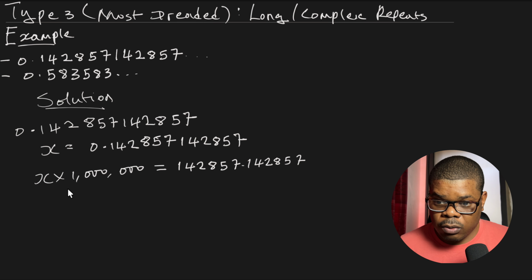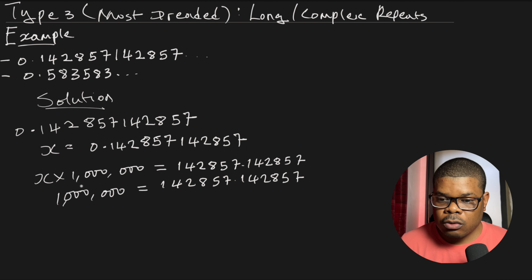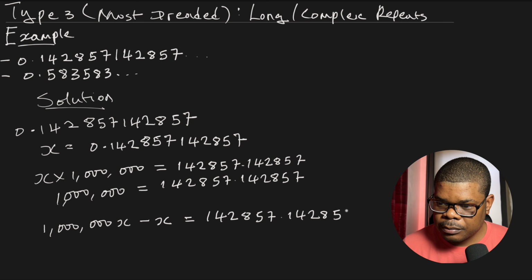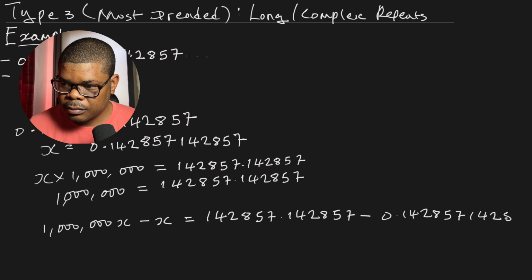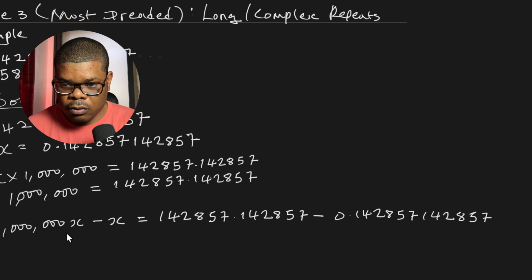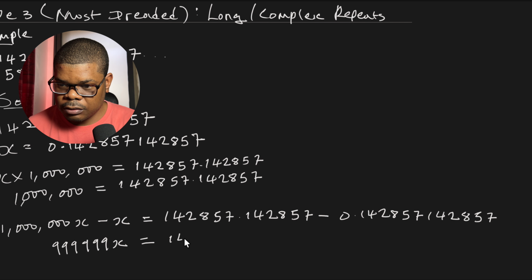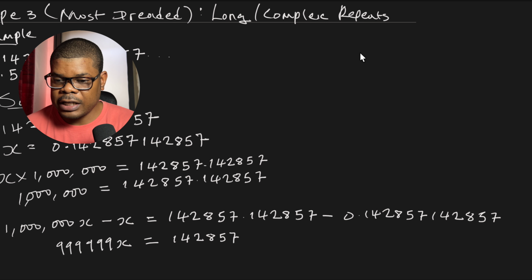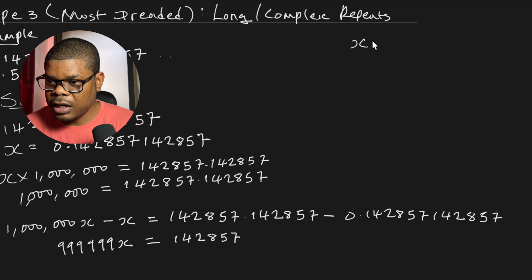So that's all we have. So we simply subtract. This is pretty long. So when we divide both sides by 999,999, what we'll have is x equal.